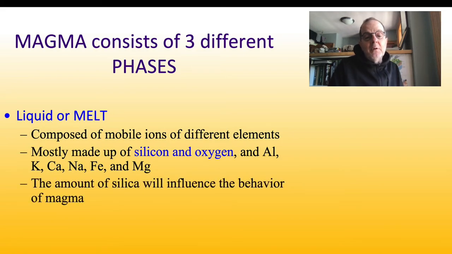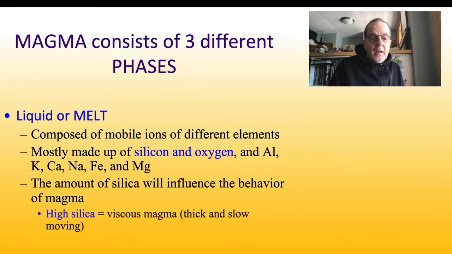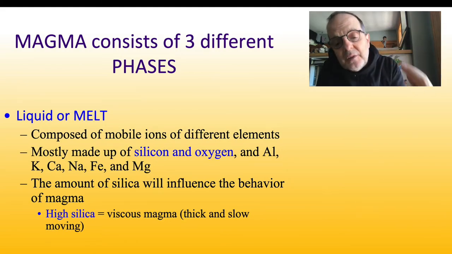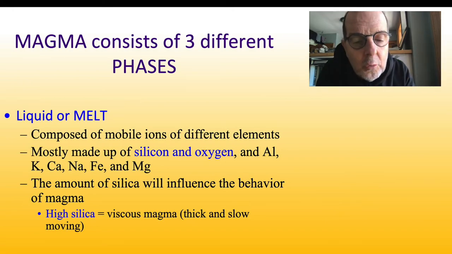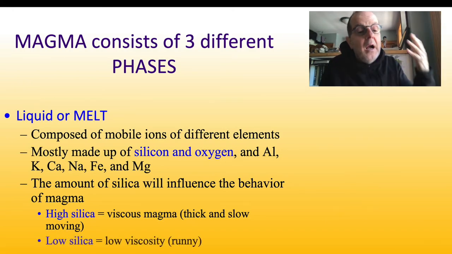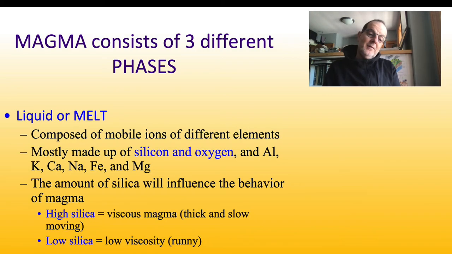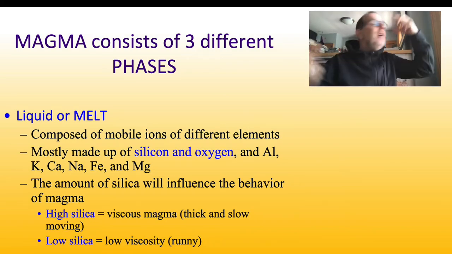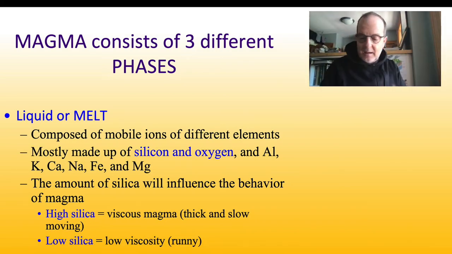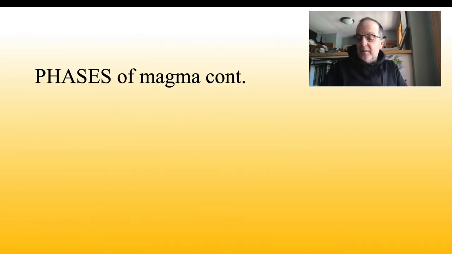The amount of silica will influence the behavior of a magma or lava. High silica content, SiO4, silica tetrahedron, means that the magma is viscous, moves slowly. Low silica content, low viscosity, means that it's runny, very fast.